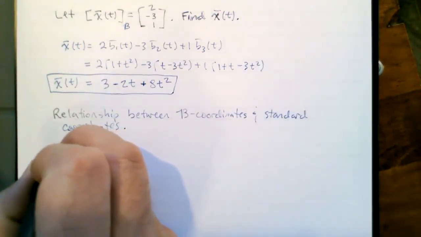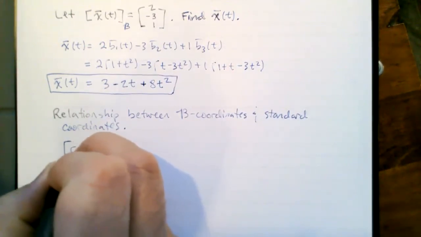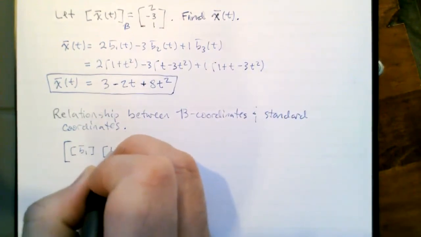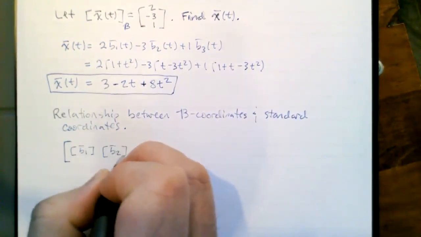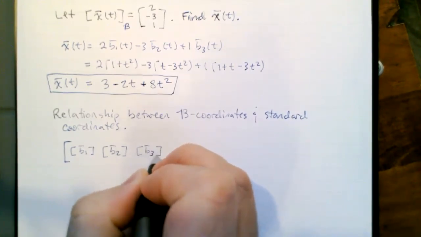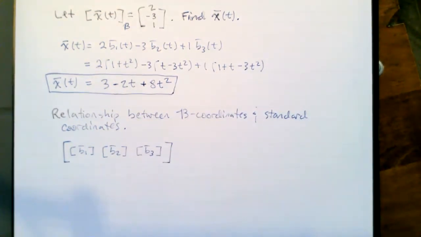The matrix that we used before: I made the standard coordinates of B1, then I took the standard coordinates of B2 and the standard coordinates of B3. So notice that these are the standard coordinates. The columns here are the standard coordinates of the B vectors.